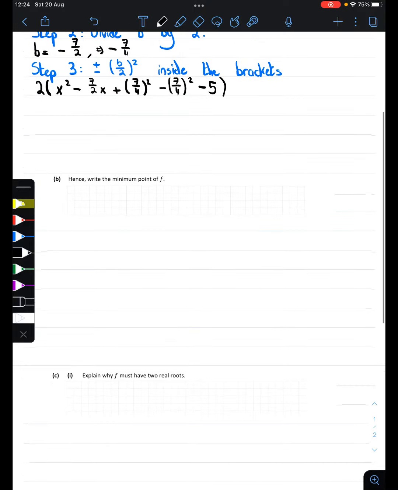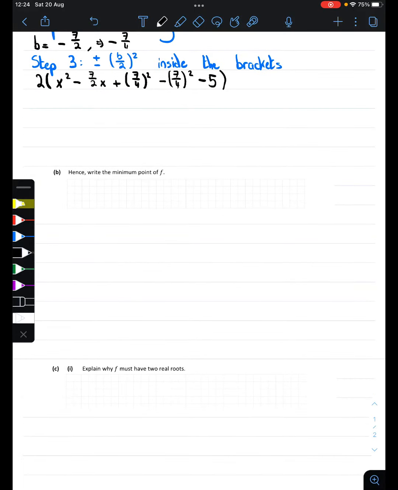What you might notice is we can separate this into two groups of terms. We can combine the first three, x squared minus 7 over 2 x plus (7 over 4) squared. That's the first term. And then we have another term, minus (7 over 4) squared minus 5.